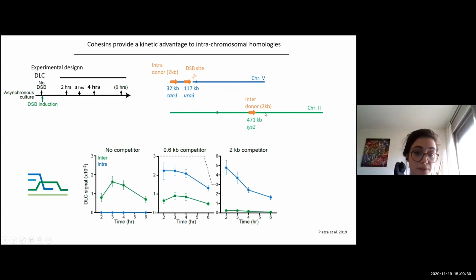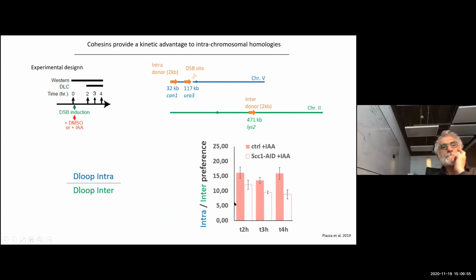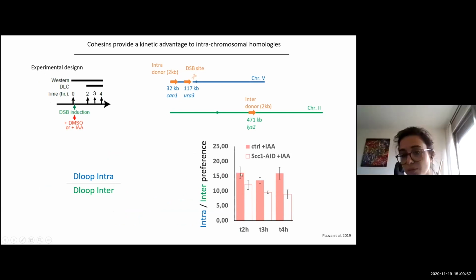As cohesin tends to restrict homology search intra-chromosomally, we wondered whether this preference could be dependent on cohesin. To test this hypothesis, we looked at the impact of cohesin depletion on this ratio, the ratio of the amount of D-loop detected intra-chromosomally over the amount of D-loop detected inter-chromosomally. Here you can see the ratio that we get in the control.